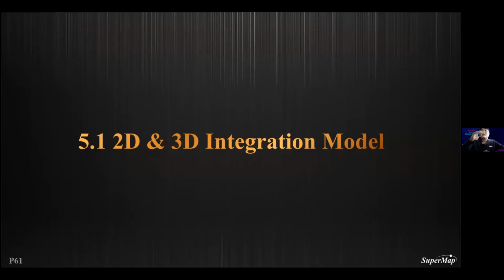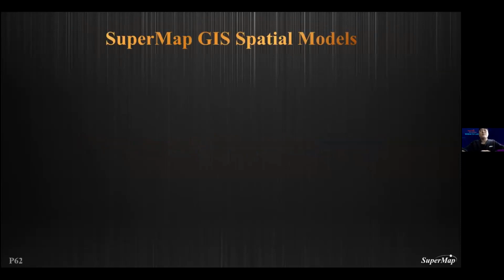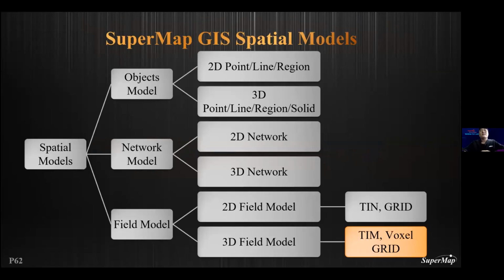Okay, so the 5.1 is a 2D and 3D integration model. Here we list the types of spatial models. They can be divided into object model, network model, and field model. And in the field model, it has a 2D field model and a 3D field model, and in the 3D field model, we have one unique advantage, which is the TIN and voxel grid.